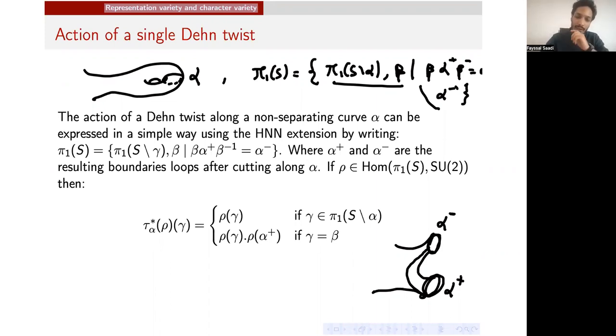Therefore, the action of the Dehn twist on the representation variety, the image of rho by tau of alpha applied to a curve gamma, gives rho of gamma if gamma is in the pi1 of S minus alpha, and if gamma is equal to beta, you just multiply by alpha plus.